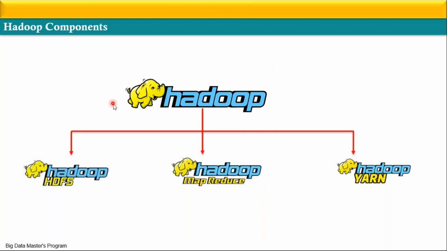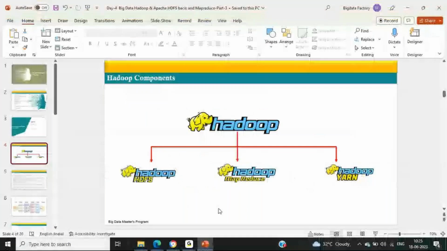So in short, Hadoop has three components: HDFS, which deals with storing huge amounts of data in a distributed way; then MapReduce, which is utilized to process huge amounts of data with the help of different machines available in the cluster. This is the processing framework. Then the third one, YARN, is going to manage all the resources of the Hadoop cluster. These are the three basic components inside the Hadoop ecosystem.